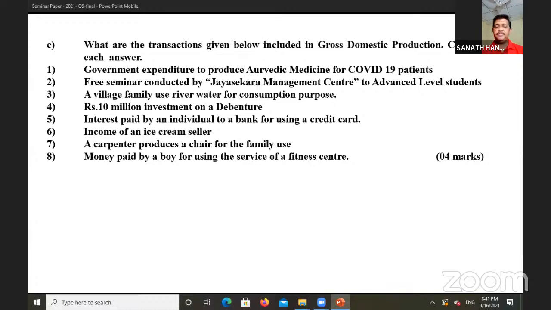This is a household production. All household productions are included in GDP.